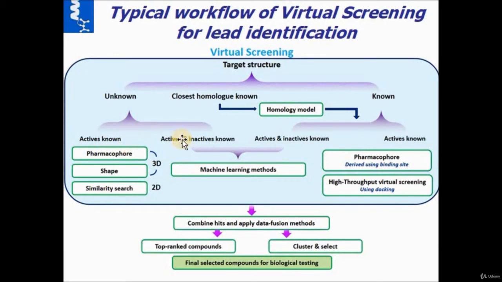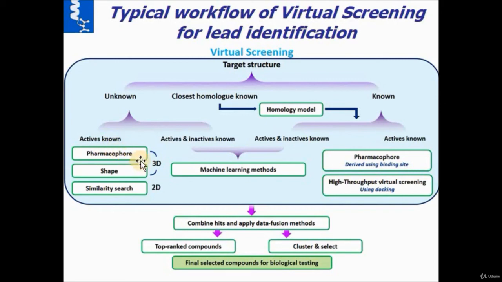If you have a combination of actives and inactives, then you rely on the latest methods, which are machine learning based techniques, etc. There are novel algorithms coming out which are purely based on artificial intelligence, data mining, big data analysis, and various neural network based lead generation. That is out of scope for this present lecture. However, I have made another video, so if you are interested, you can check my profile and get into that particular course.